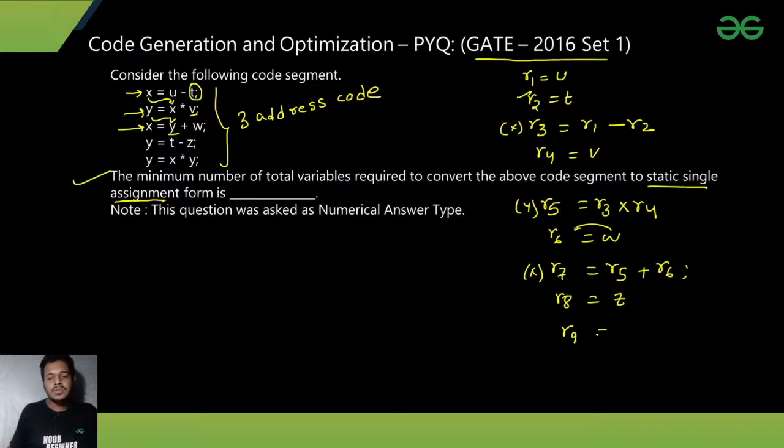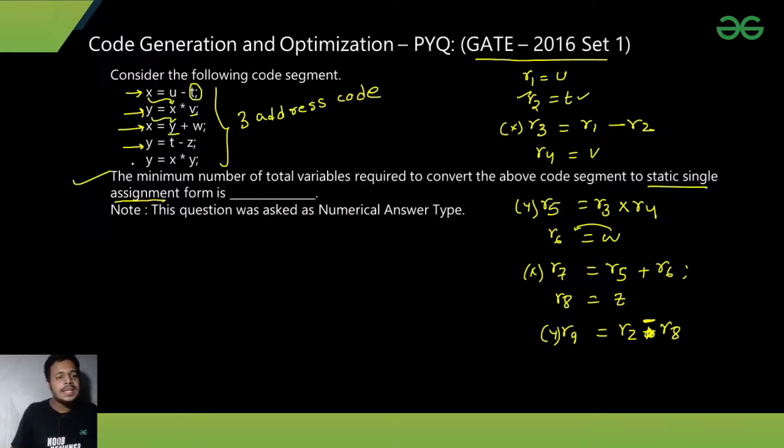Now R9 is going to be R2 plus R8, where R2 is taking T and R8 is taking Z. So it is going to be T minus Z, and R9 is representing the variable Y.